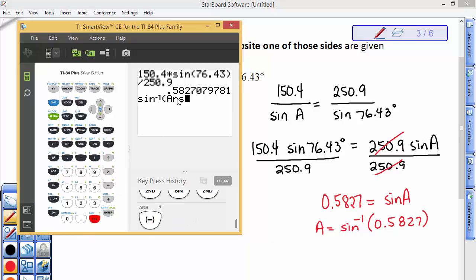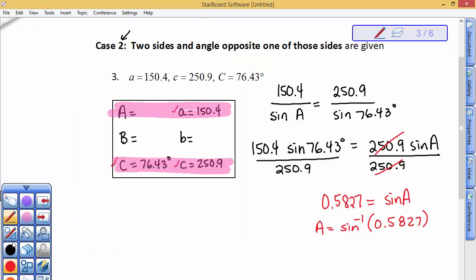Please notice that I'm using 0.5827079781 to find the size of angle A, and I find out that it's 35.64 degrees. So angle A is equal to 35.64 degrees, and I'm going to fill that in right here.